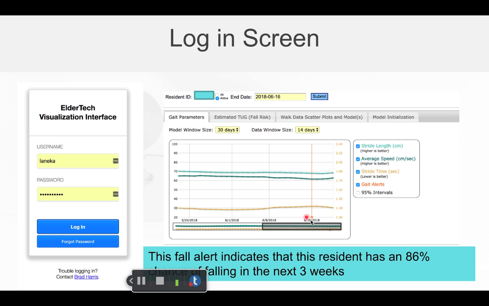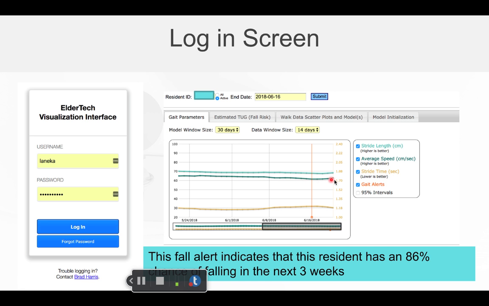This individual received a fall alert on 6/16, and anytime we get an alert, which is indicated by this orange line here, that indicates that the resident has an 86% chance of falling in the next 3 weeks. That's pretty significant, even though it doesn't look like there's a huge amount of change that's going on here. There has been a change in stride time, so the tan is stride time.